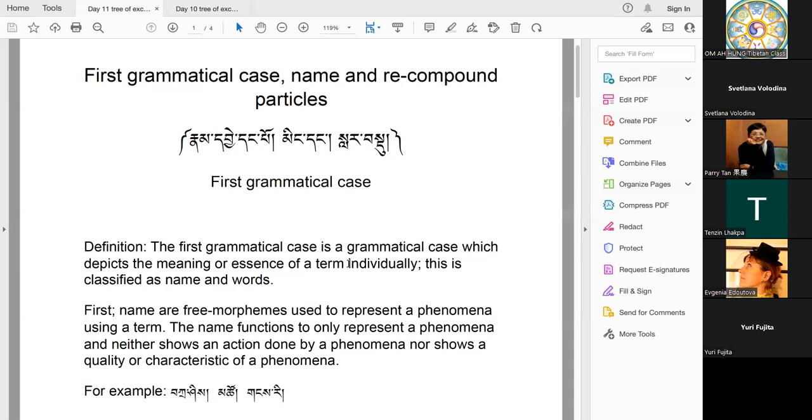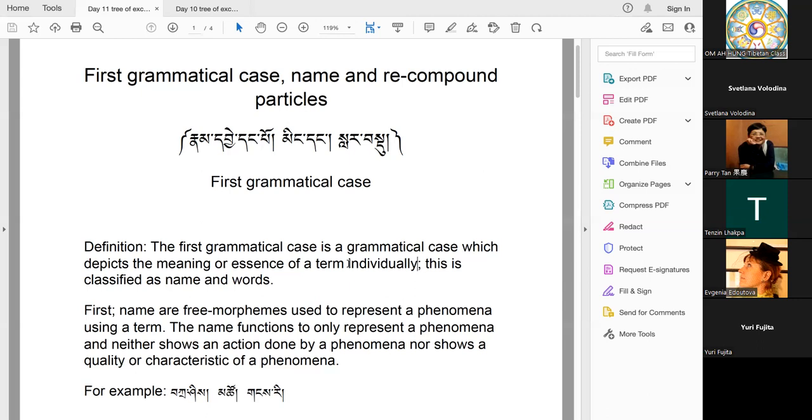So here, the more technical grammatical aspect is that when we say the name, it only represents the object. It doesn't talk about the characteristic or the action done by it. Right?